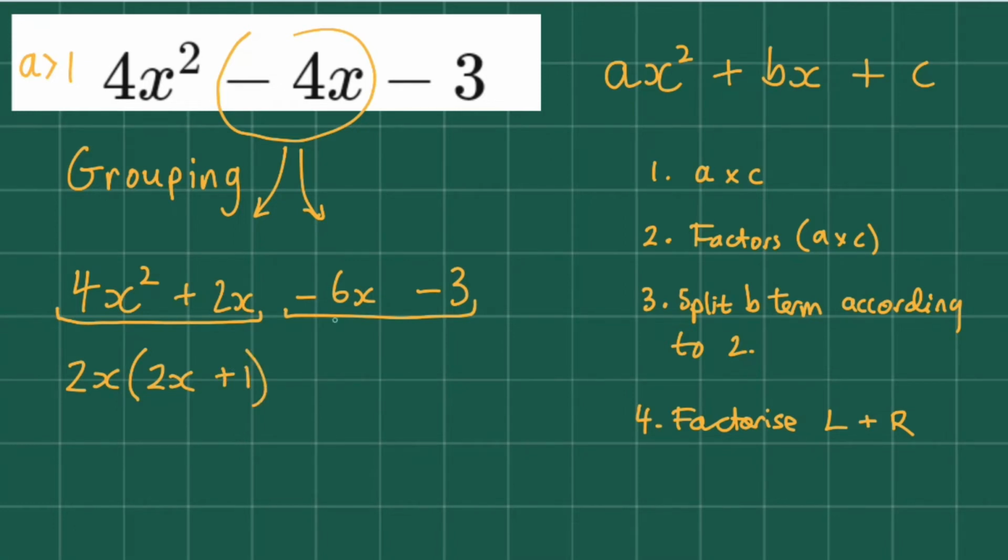Now here we're going to add to it what we have. So -6 and -3, most certainly we could take out a -3. x does not go into both terms. So if we did take out a -3, -6 divided by -3, you can see the negatives cancel, and 6 divided by 3 is 2.